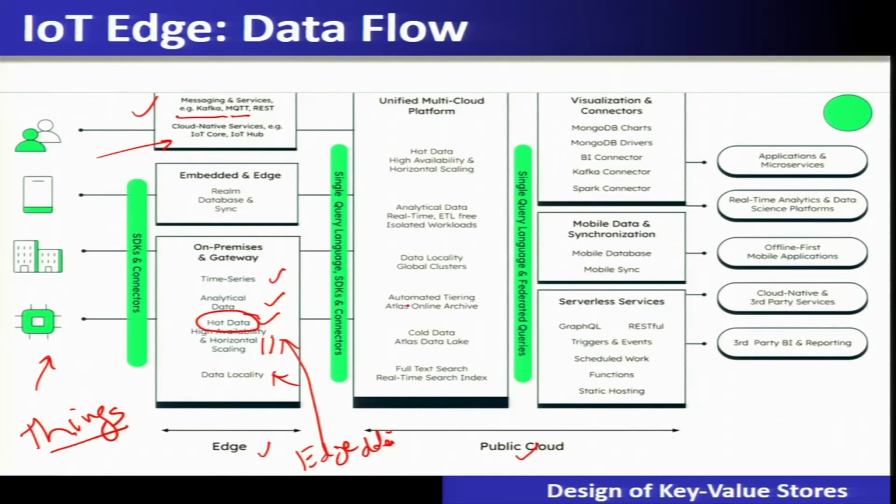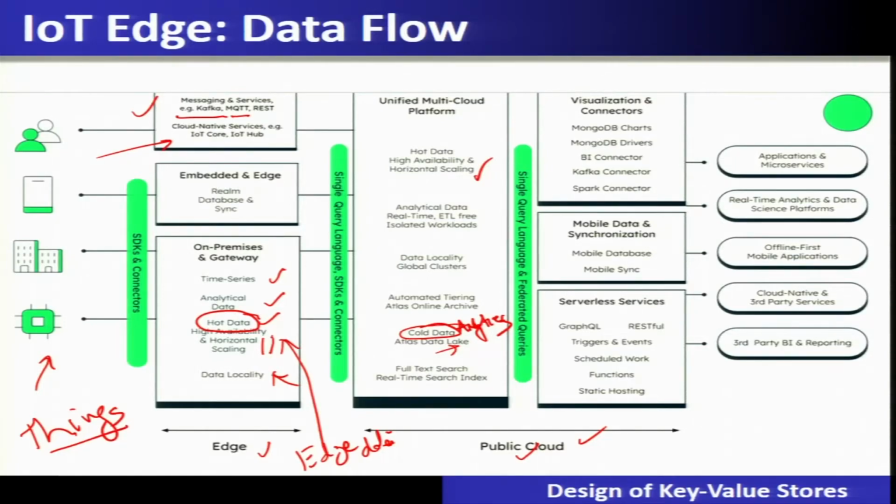Now, crossing this edge, when the data moves into the public cloud system, it will be stored in a data store using technologies called a data lake. Once the data is stored, it becomes a matter for cold data analytics. Cold data analytics also sometimes requires availability and horizontal scaling.